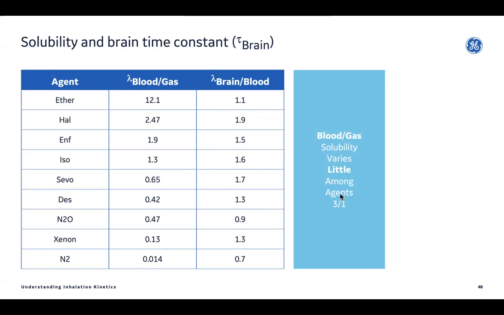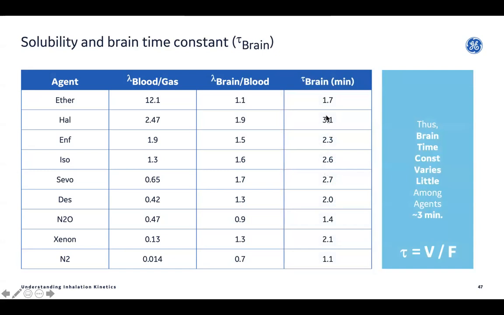And they vary only by approximately a factor of 3 over the entire range of all of these, and they're all in the neighborhood of a time constant of 3 minutes. They're almost all identical. So all of our drugs yield a wake-up time of approximately 3 minutes from when end tidal has crossed MAC awake.